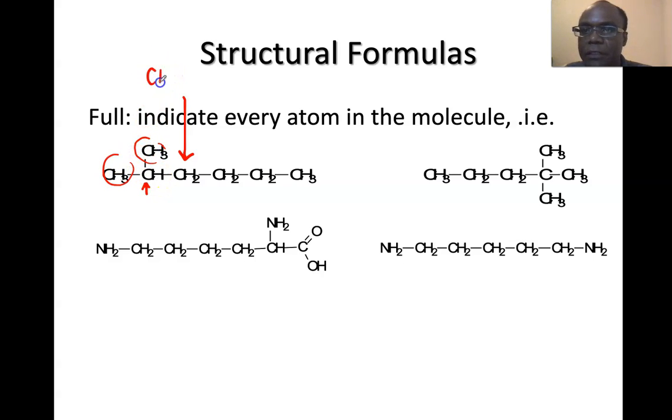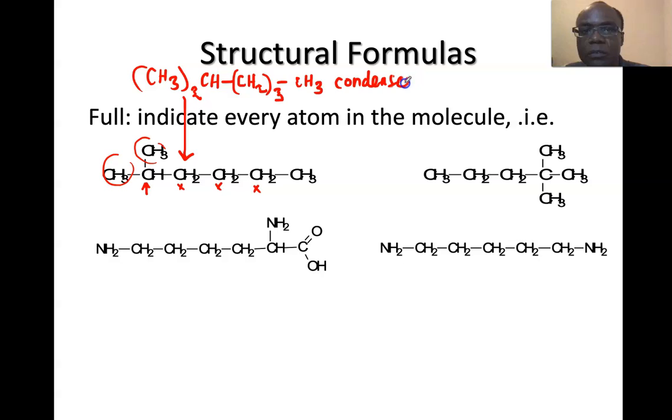So why not put the CH3s in parentheses and put 2 there, and then this carbon will be the CH, and then you see you have 3 CH2s. So I would put CH2 and then a subscript of 3, and then finish with the last CH3. Okay, so this would have been the condensed formula, but still it's too crowded.